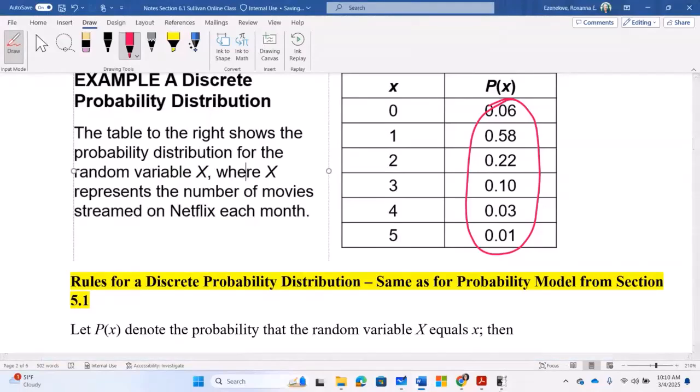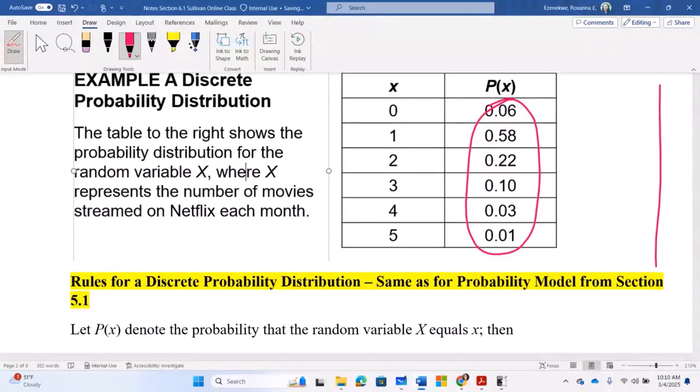And since it is, I'll go ahead and find the mean. I can find the mean without a calculator. All right, so if I want to find the mean, all I have to do is multiply. I'm going to add another column.